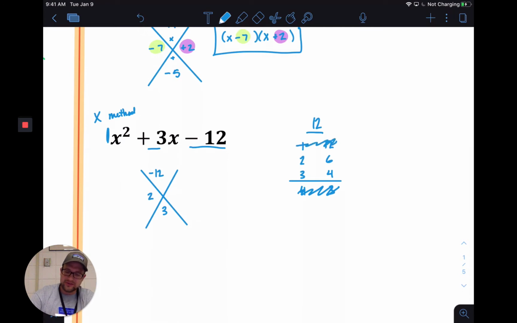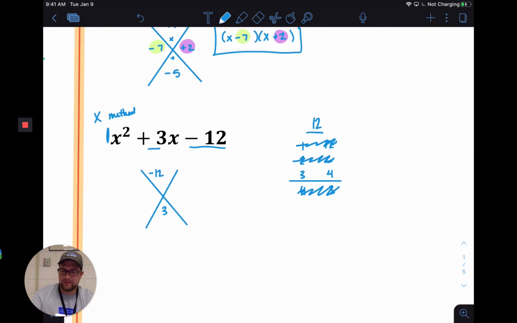If we try 2 and 6, again, one of those has to be negative. Let's make it the negative 2. That would work for the top, but negative 2 plus 6 isn't going to work for the bottom. I can try adjusting those signs as well, but that still wouldn't work. I would get a negative 4 and not a positive 3. So we're back to the drawing board yet again, but I do know 2 and 6 don't work.